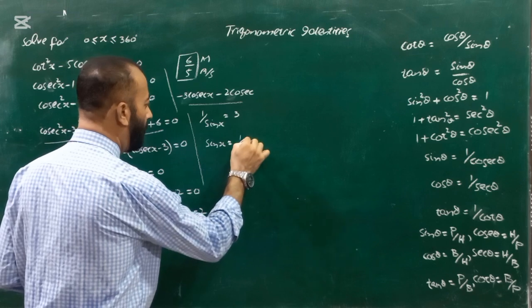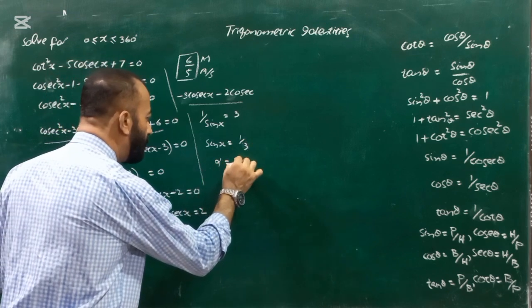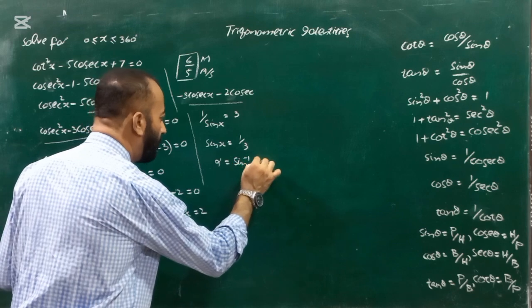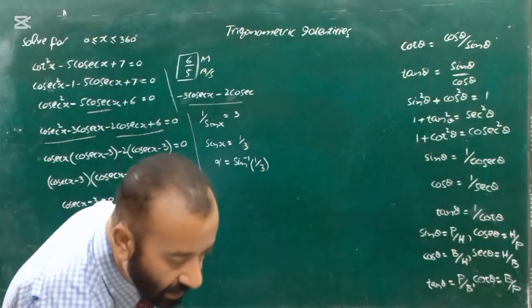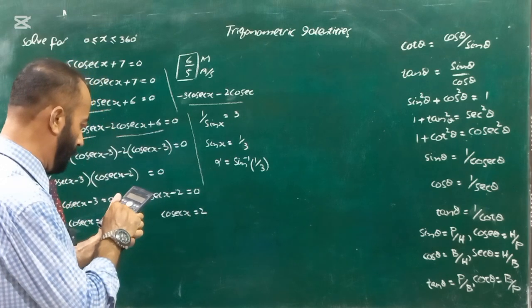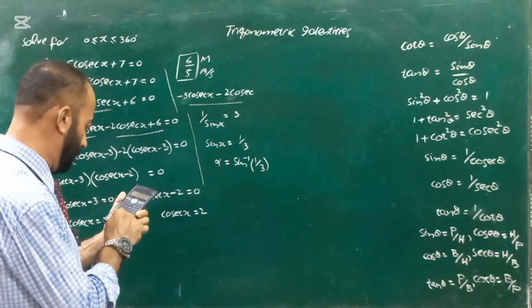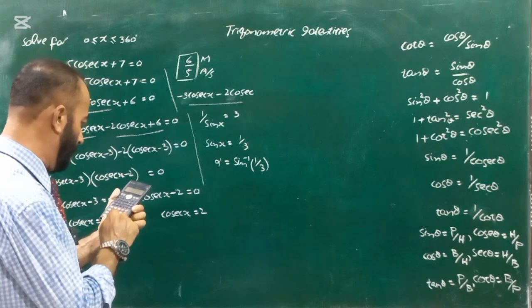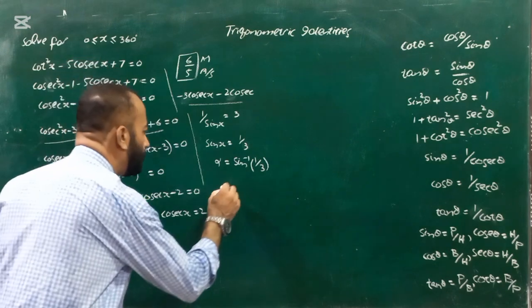Okay, from here, the basic angle alpha will be equal to sine inverse 1 by 3. So sine inverse 1 by 3 is 19.47.